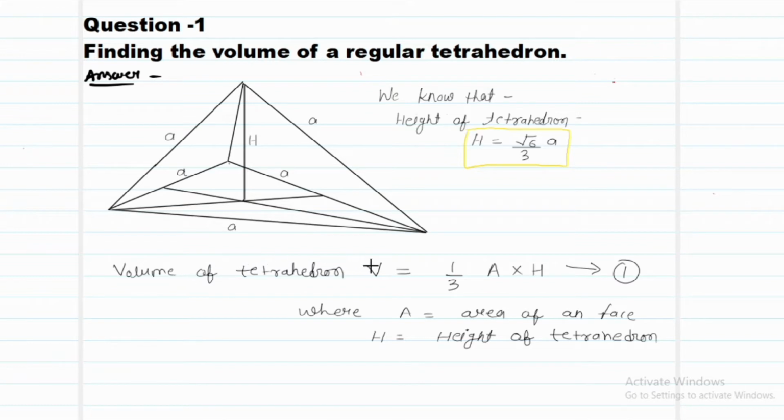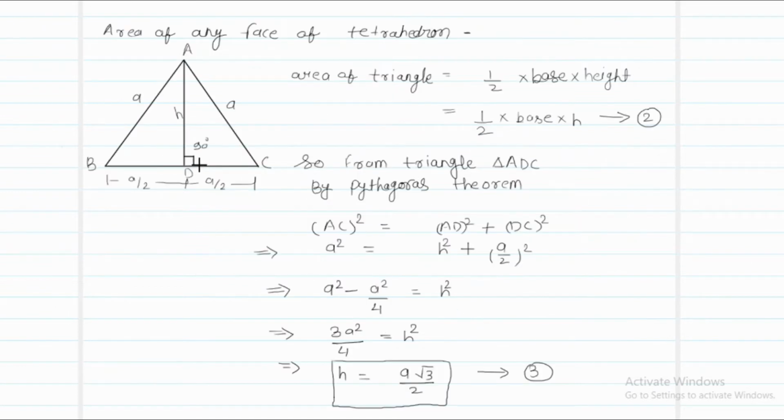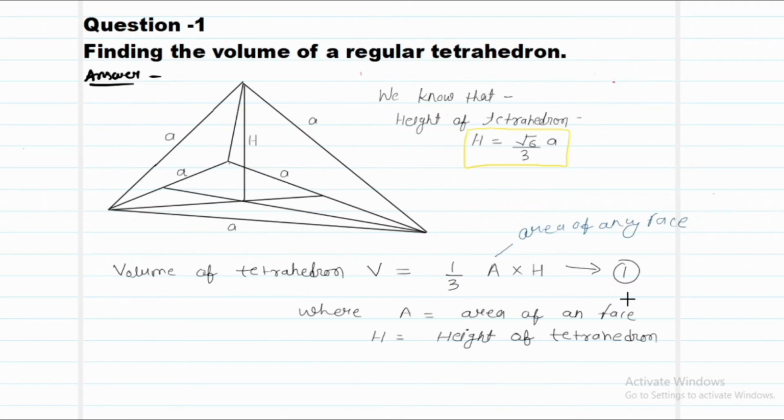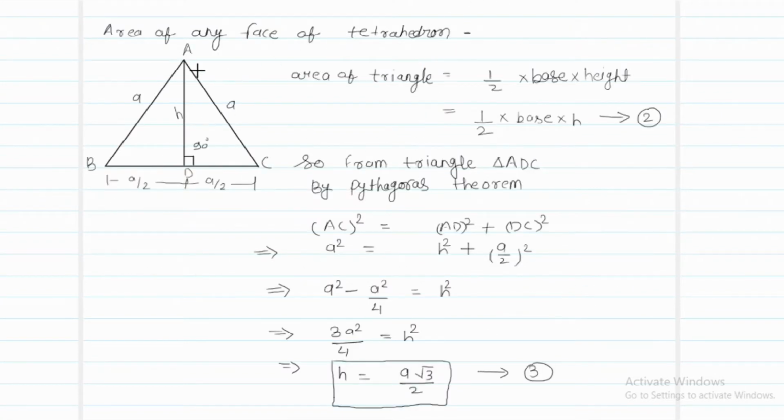So volume of the tetrahedron V is equal to 1 upon 3 into area of any face into height of the tetrahedron. This is equation 1. Area of any face of the tetrahedron, we will find it.